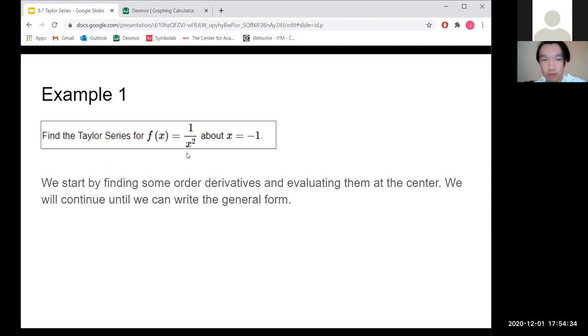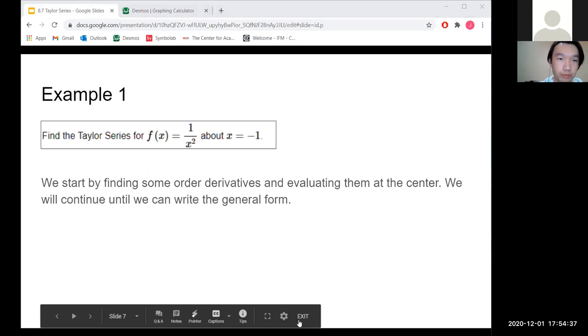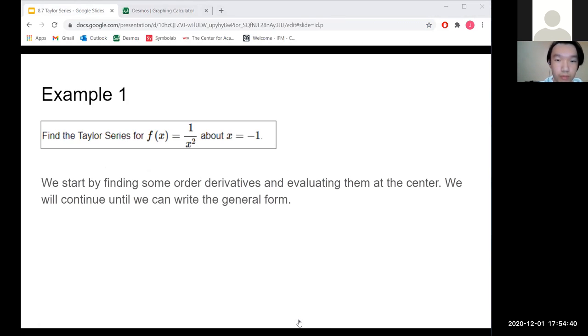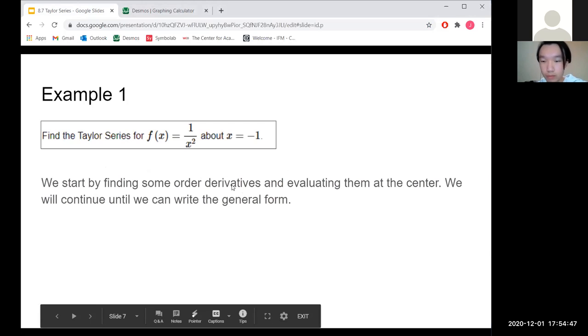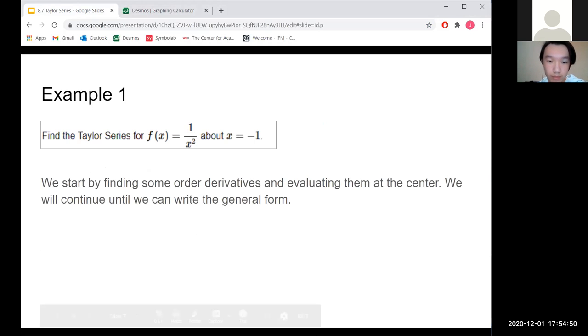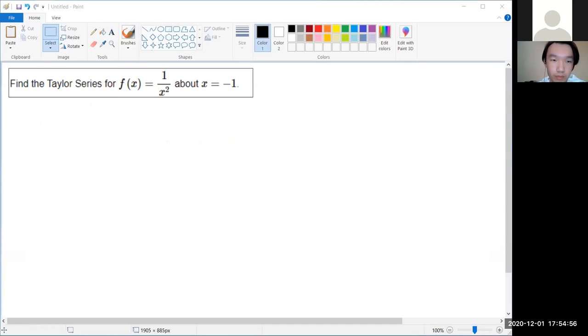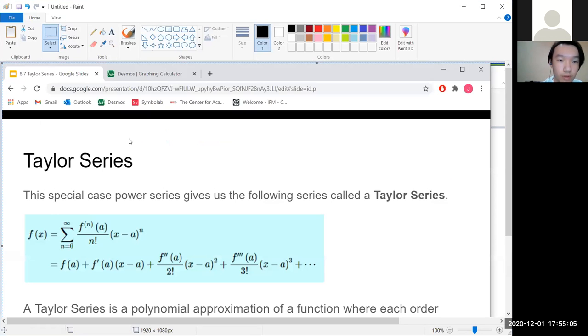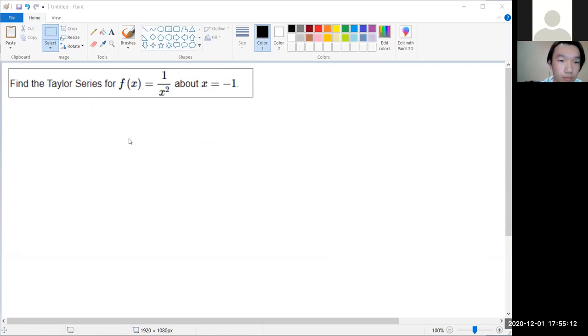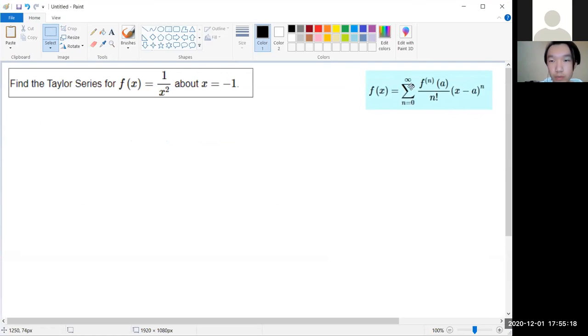Okay, let me just write this down. Okay, I will paste the Taylor series formula and put it on the side here.